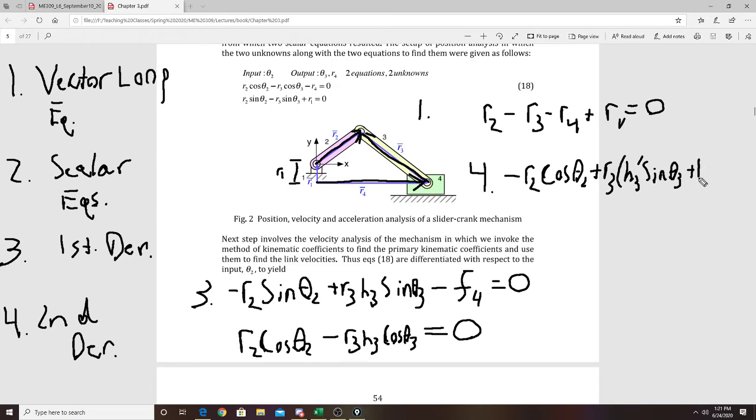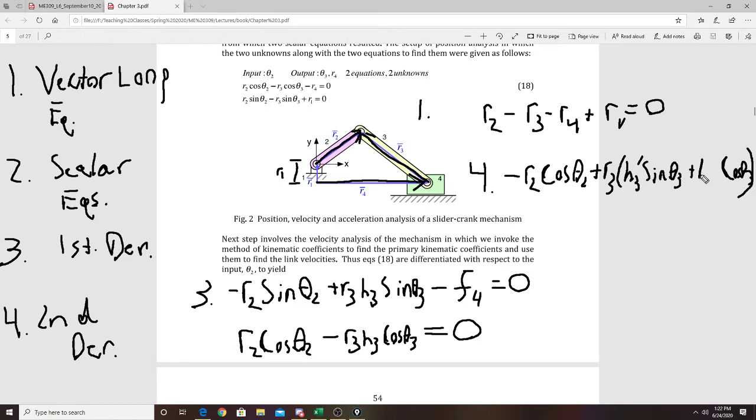So H3 stays there, doesn't change, times another H3 because we did a derivative of sine theta 3, which brings out another H3, and then we go cosine theta 3. So in reality, that's H3 squared. So I will get rid of that, but I just wanted to show everybody where that was coming from.